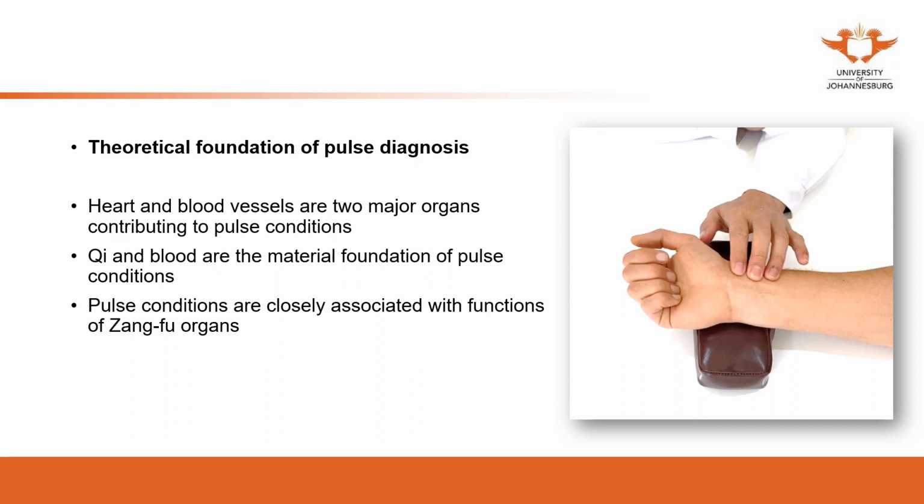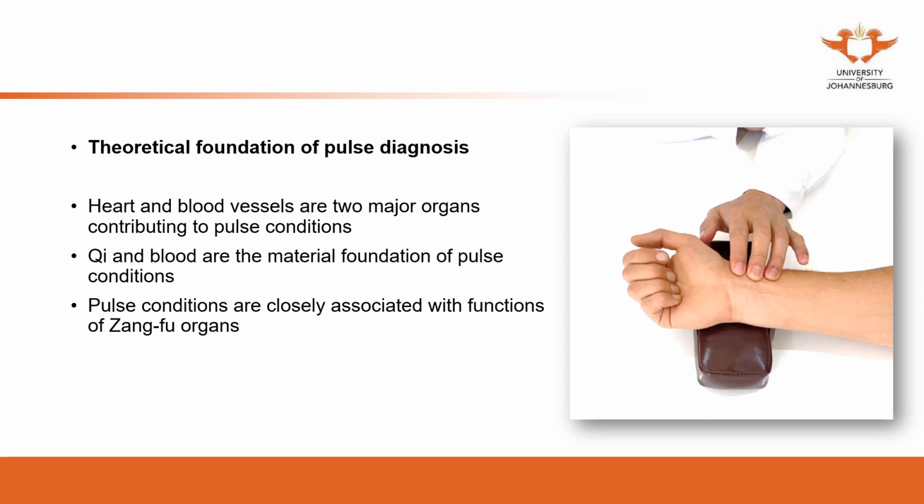So the pulse is closely related to the heart, but it is also related to other organs, such as the lung. Why is the pulse related to the lung? That's because of the lung's function of dispersing qi and controlling qi. The qi in the heart is also controlled by the lung.